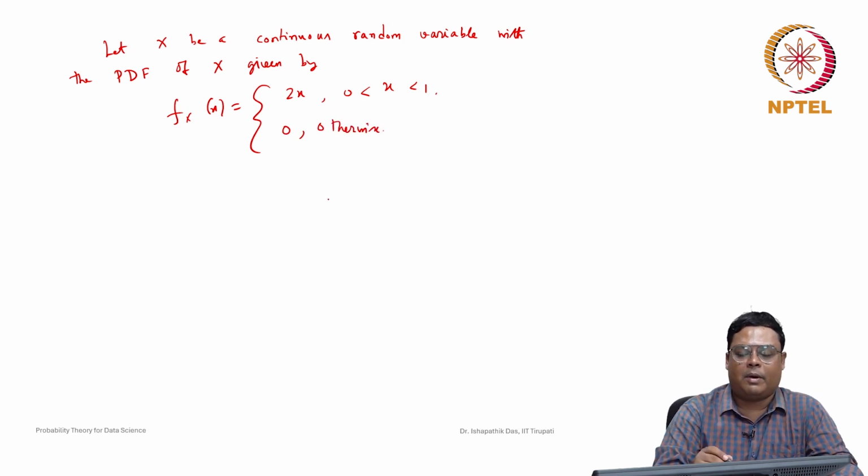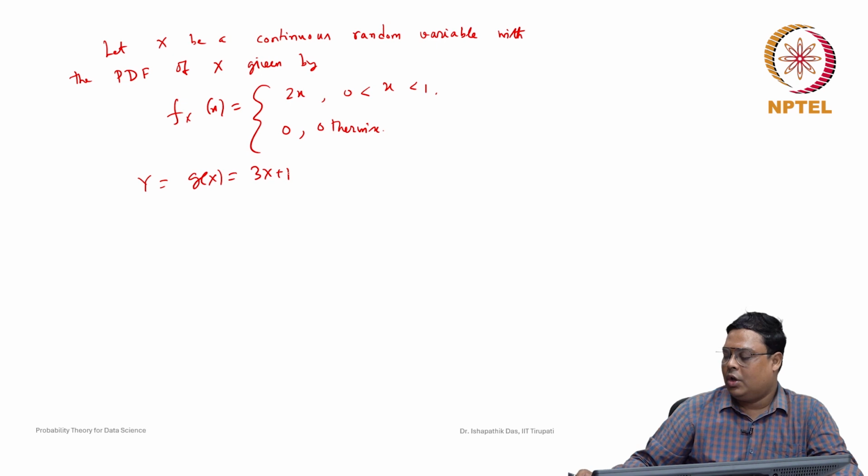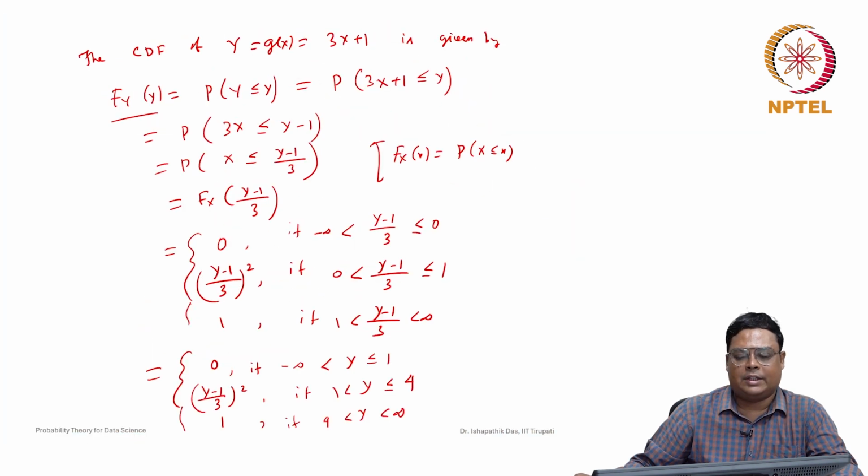Find the probability density function of Y equal to g(X), which is equal to 3X plus 1. That is the previous problem we discussed.